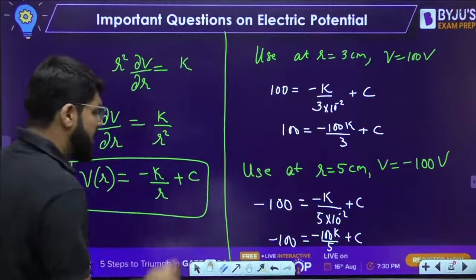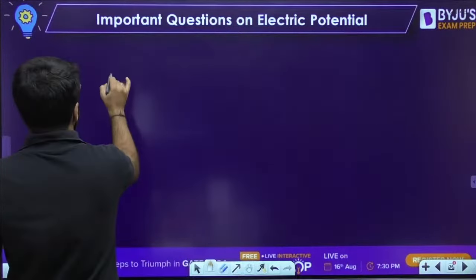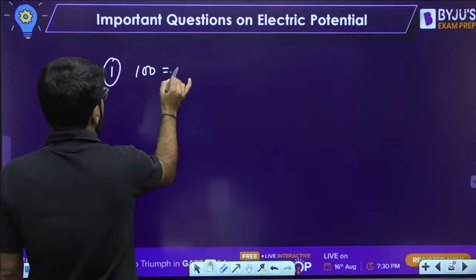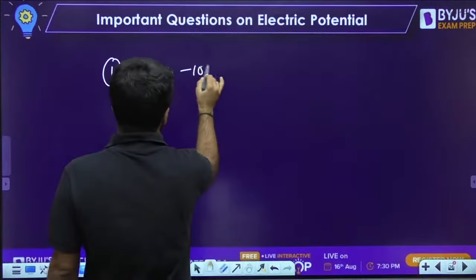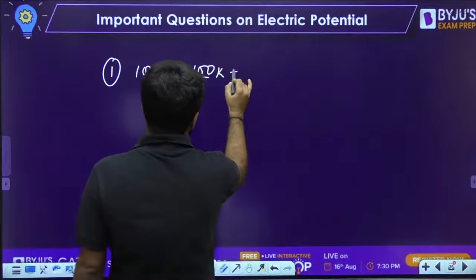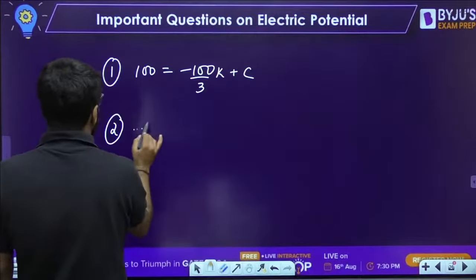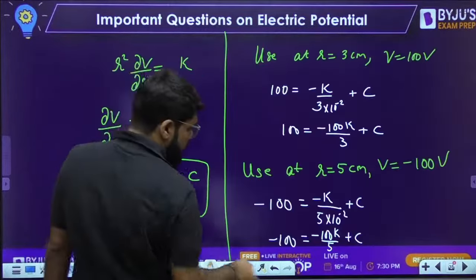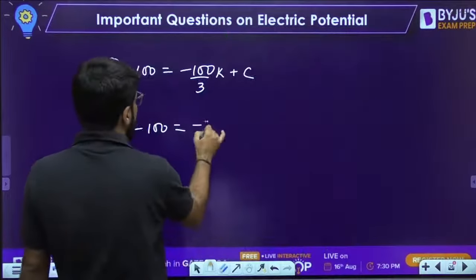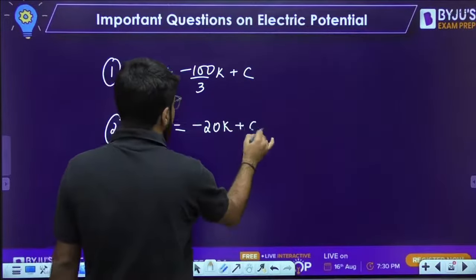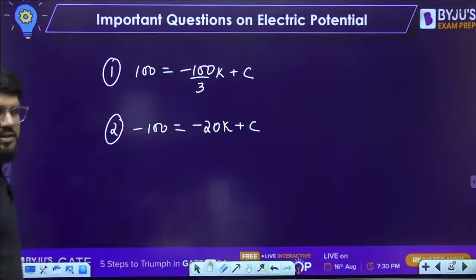If I take both these equations together, first equation says that 100 is equal to minus 100 by 3 k plus c. Second equation says that minus 100 is equal to minus 100 by 5, that is nothing but 20, so minus 20k plus c.